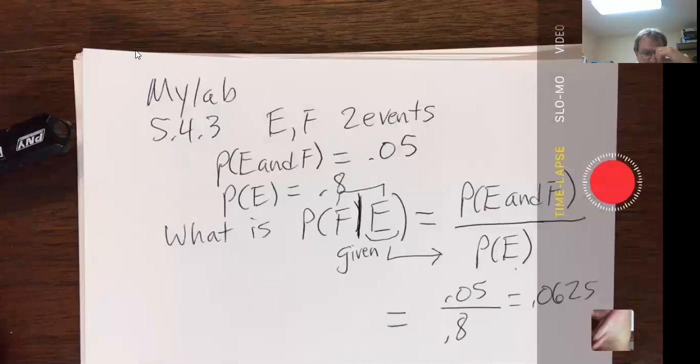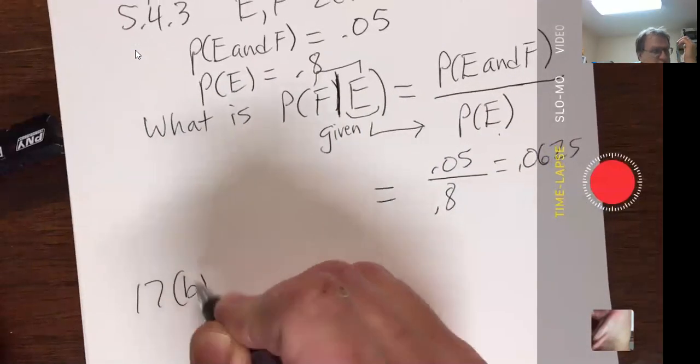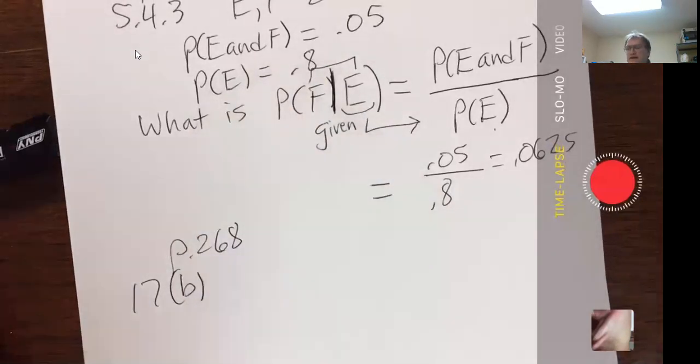Okay, well, while you're doing that, you want me to pick another problem out of the book? Yes, Professor. Thank you. All right, well, how about 17B? This is off page 268. The data works off Made in America.